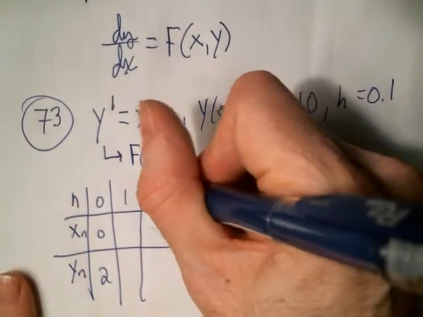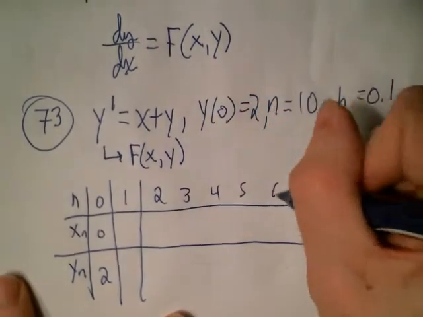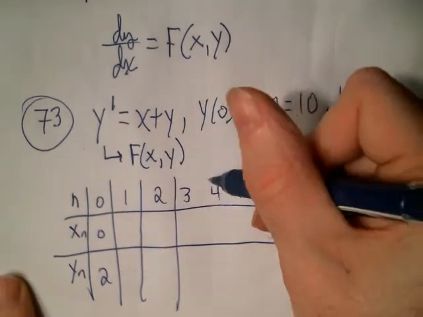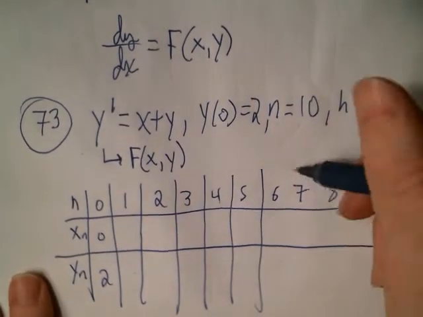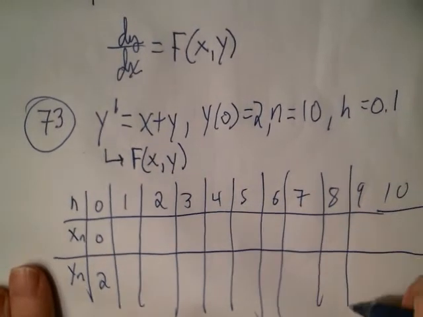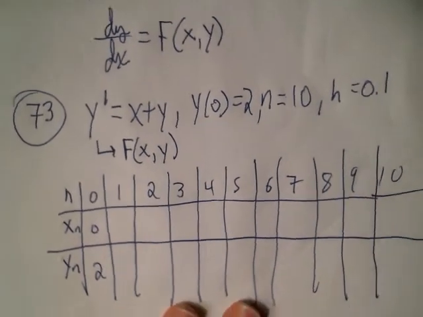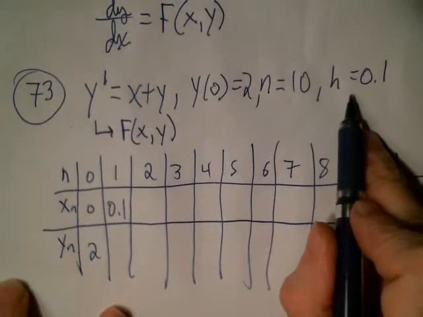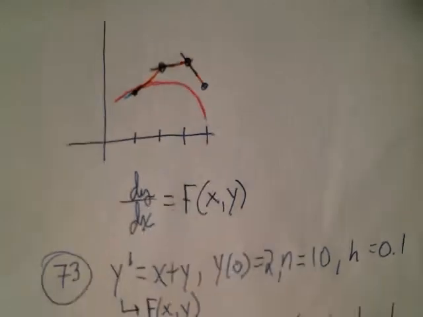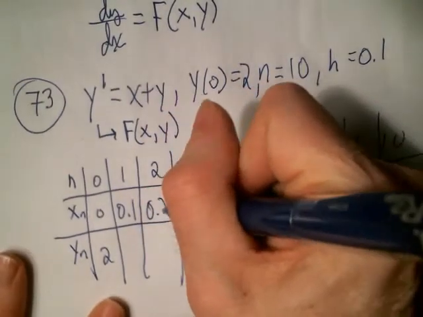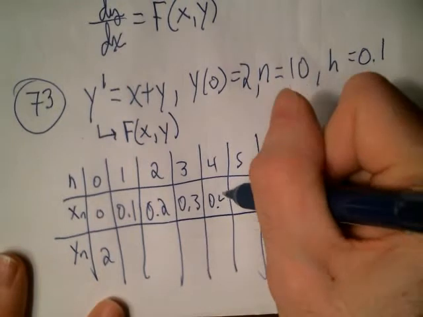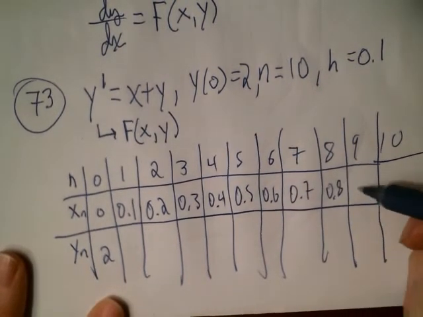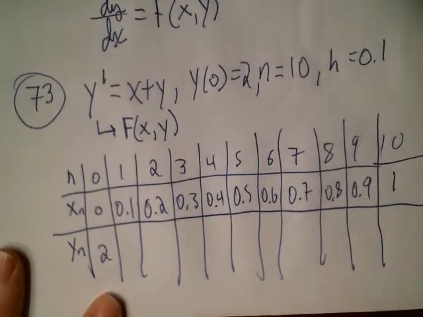So 1, 2, 3, 4, 5, 6, 7, 8, 9, 10. Usually you're going to do it with a computer later, but you want to do it by hand just to see how it works and see what you're dealing with. So this will be 0.1. That's the h value, how far we're moving to our next point. And then 0.2, 0.3, 0.4, 0.5, 0.6, 0.7, 0.8, 0.9, and then 1.